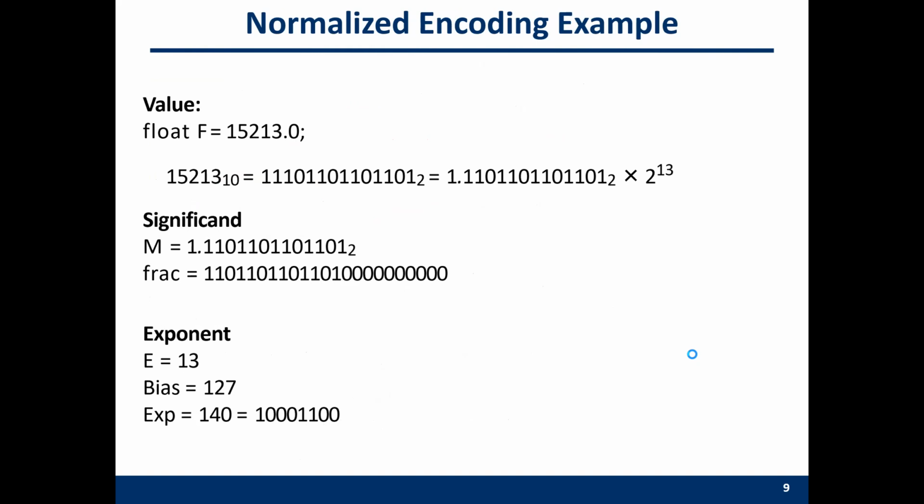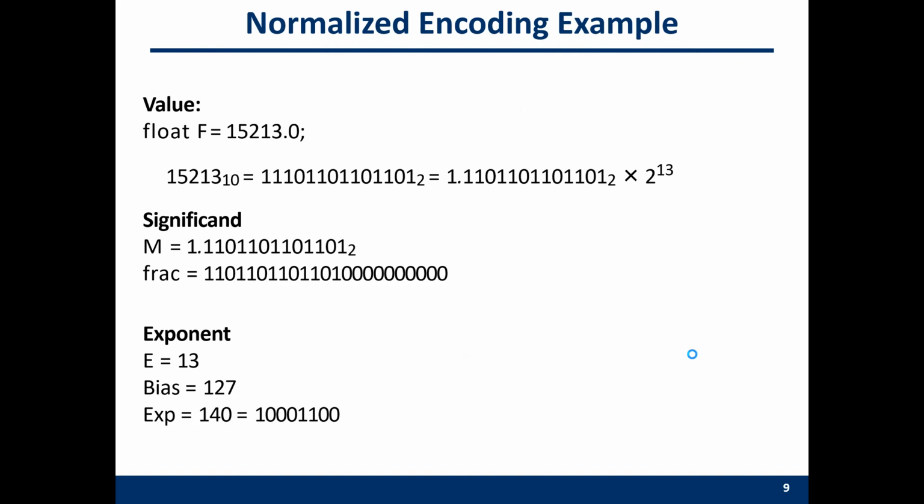You can see that from here, adding zeros up to 23 bits, then this is the 23-bit fraction. And please notice that in the standard, every number has the leading 1, so we just ignore it.